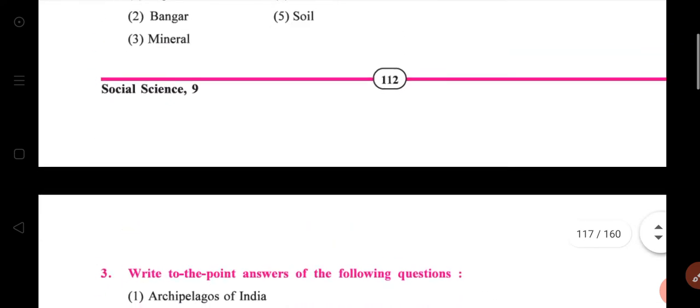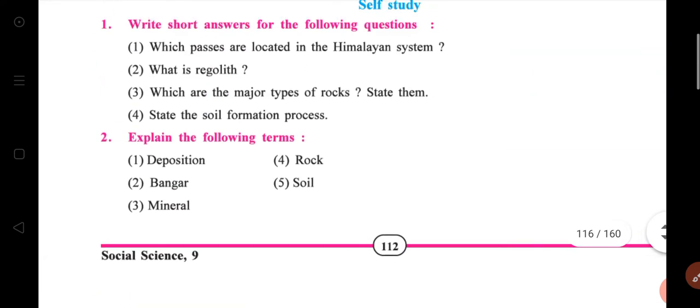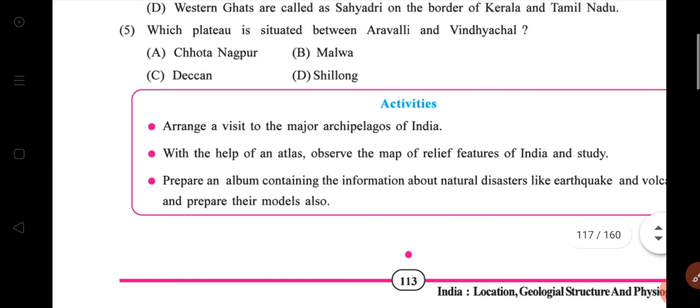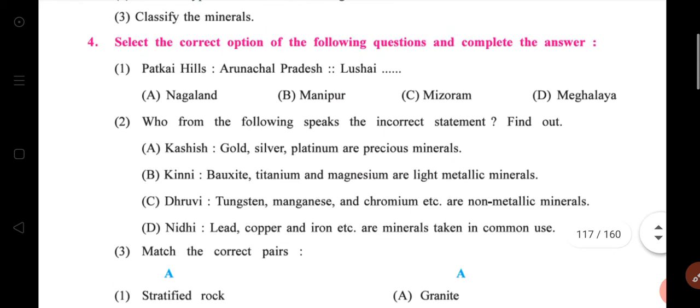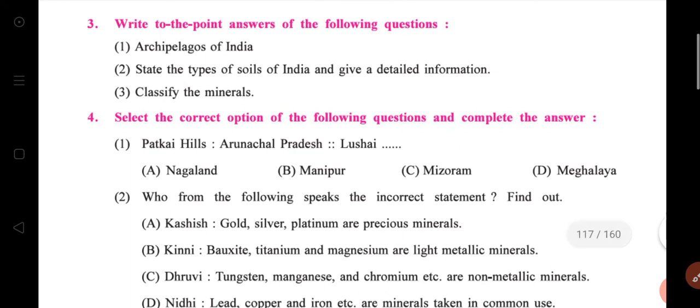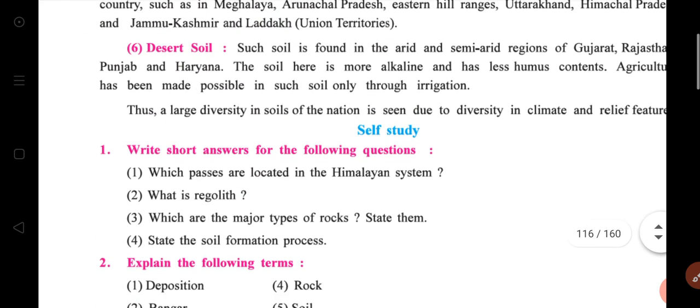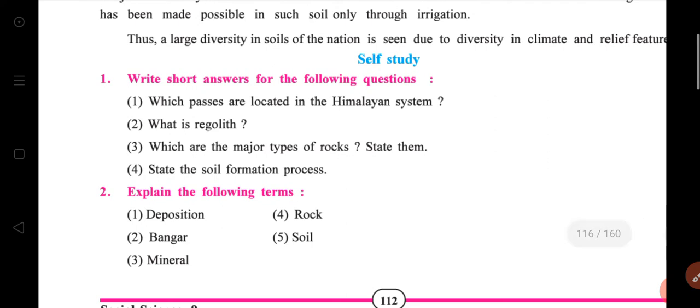And from the exercise, in your file note, you write these MCQs and explain the following terms: rock, soil, bangar, mineral, and deposition.